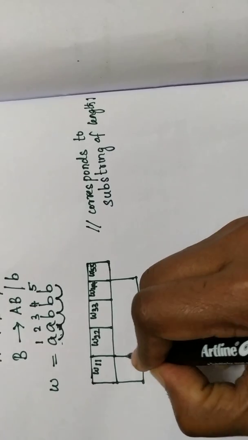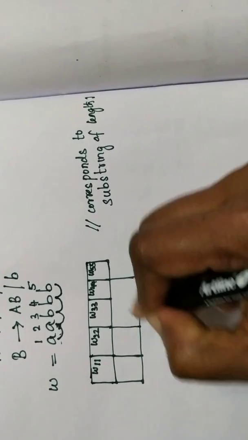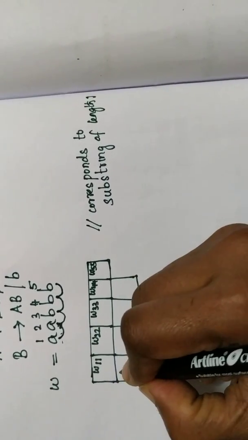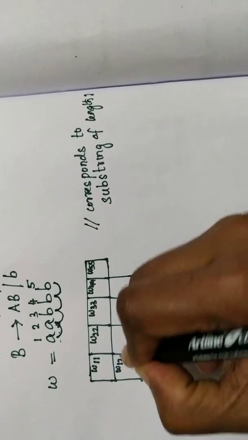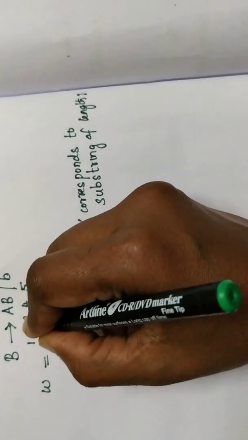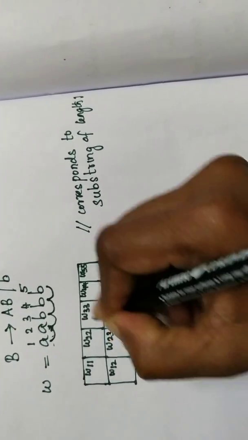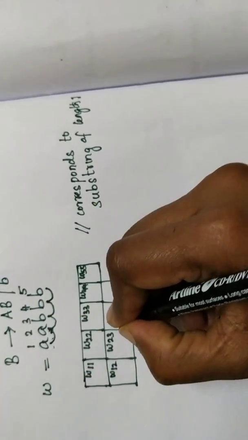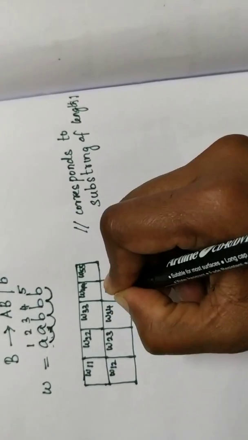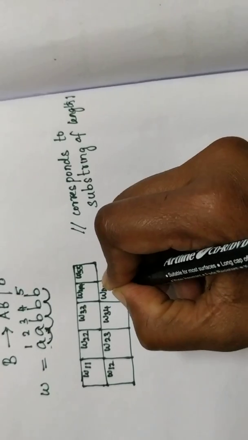All these correspond to the second row: W12, W23, W34 and then W45.